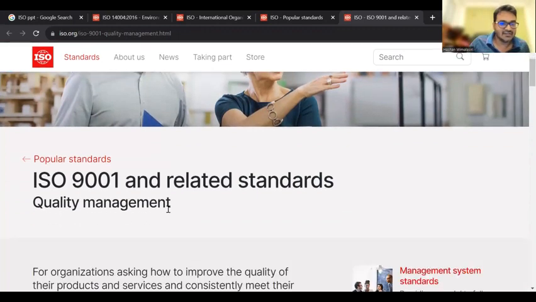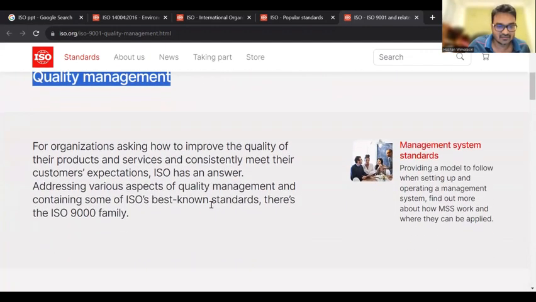Right. ISO 9001 related standards quality management තත්ත්ව කළමනාකරණයට තමයි මේක තියෙන්නේ, right?